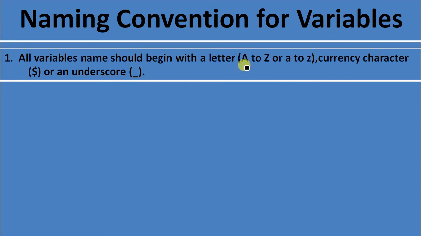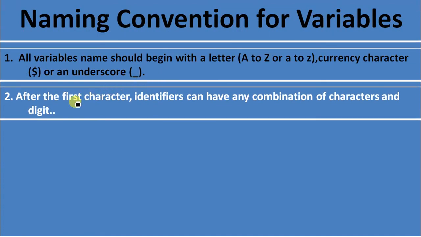It can be from capital A to Z or small a to z. We can use a currency character, which is dollar, and we can also use an underscore. Apart from that, we cannot use a special character for defining the name of the variable.